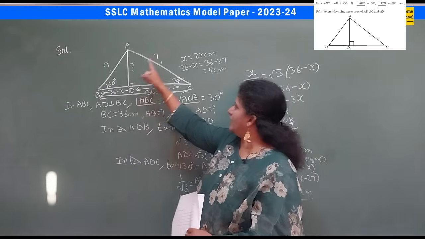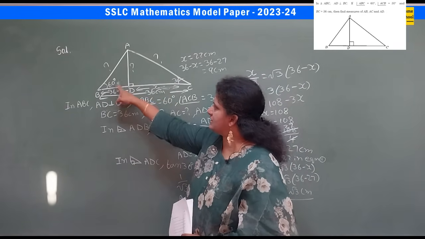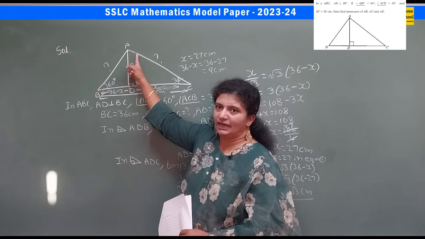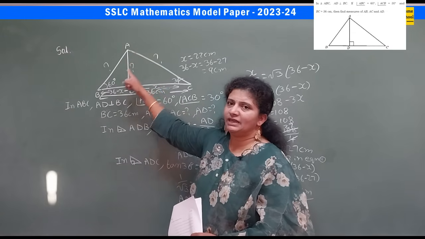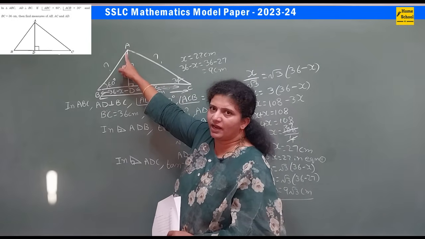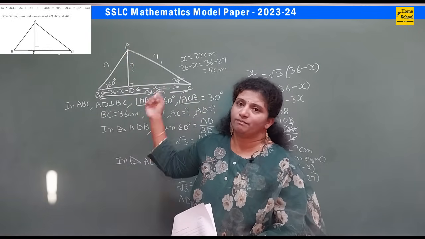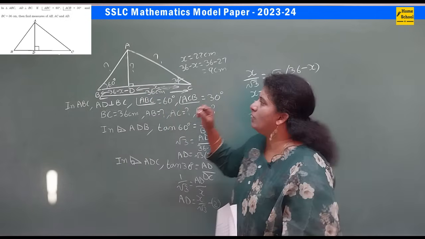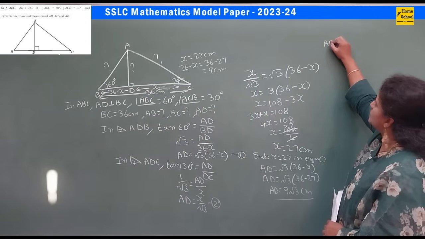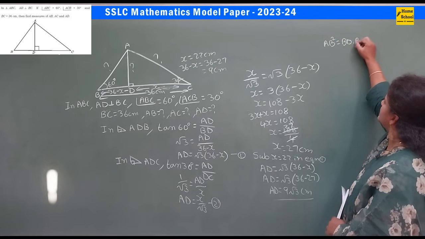Now in order to find AB and AC, observe full triangle ABC: 60, 30, 90. That means angle A must be 90 because the interior angle sum will be 180. If this is perpendicular, 90, I remember corollaries of Pythagoras theorem. What is that? AB square is equal to BD into BC.